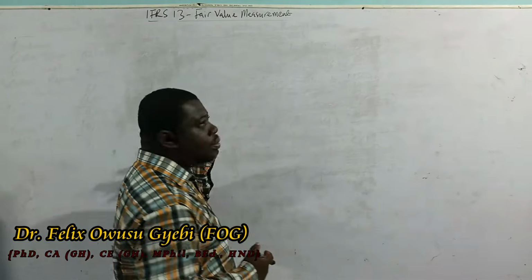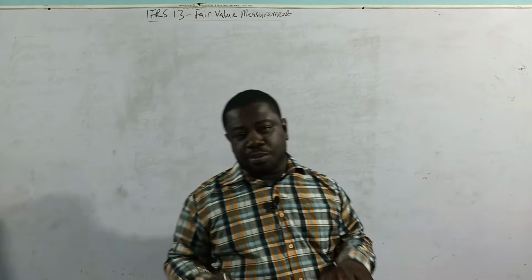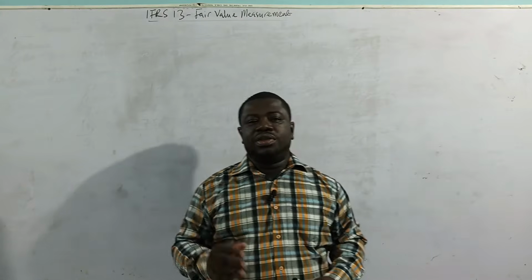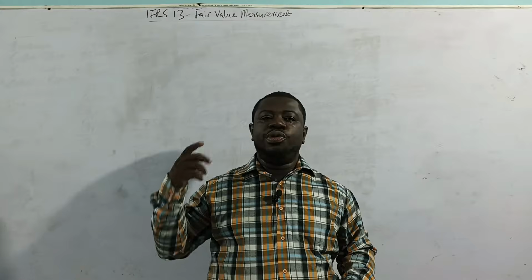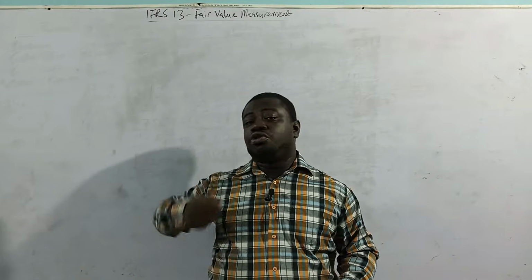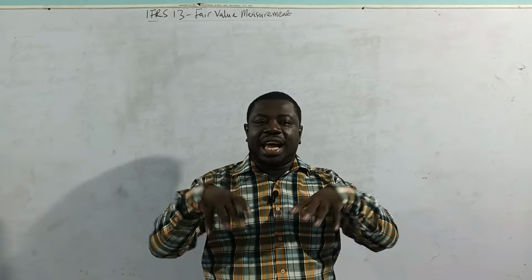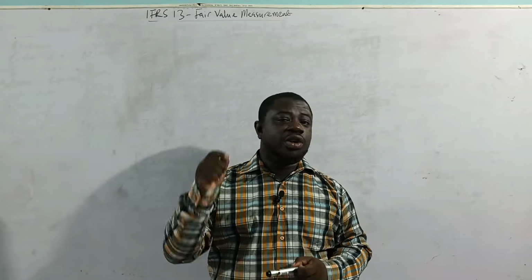Now, fair value measurement has its premise based on markets. What we are trying to say is that the price to be received for selling an asset or the price to transfer in payment of a liability may differ depending on the type of market in which you can find it.